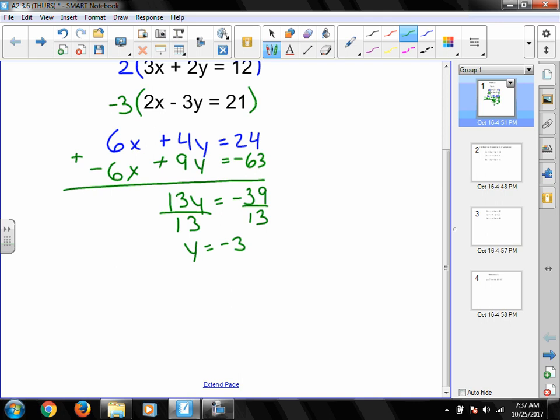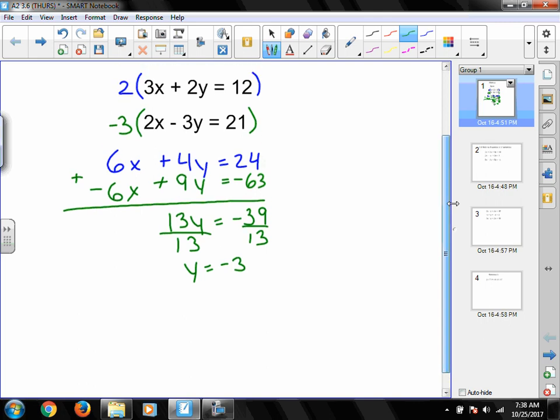And I go back into one of my equations, doesn't really matter which, and I plug this y value back in. I am going to choose the first equation, really for no particular reason, other than I know I'm going to divide by 2 at the end. But you could pick the second equation if you would like.